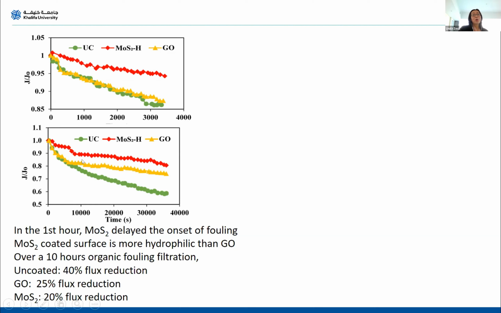The GO coated shows 25% flux reduction, and MoS2 coated has 20%. Comparing GO and MoS2 coated, probably the MoS2 coated surface is more hydrophilic than GO, because we measured its contact angle. We found the MoS2 coated has the lowest water contact angle.